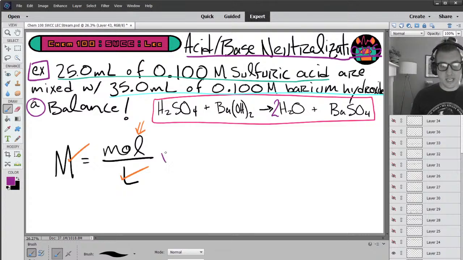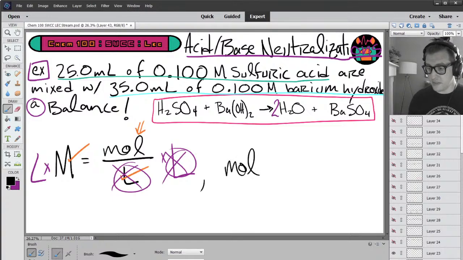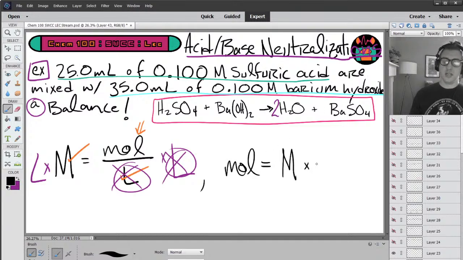You can do this if you multiply both sides of this equation by liters. Liters cancels the denominator, and you get a new equation. The moles dissolved in solution are equal to the molarity of that solution times its volume in liters.